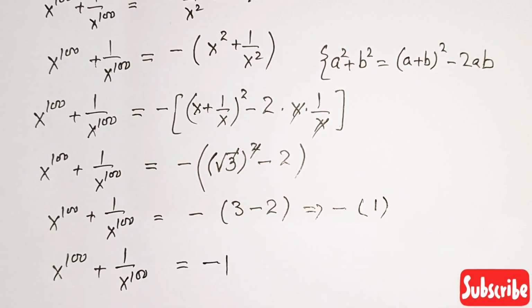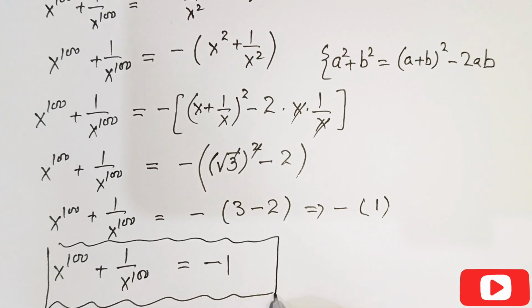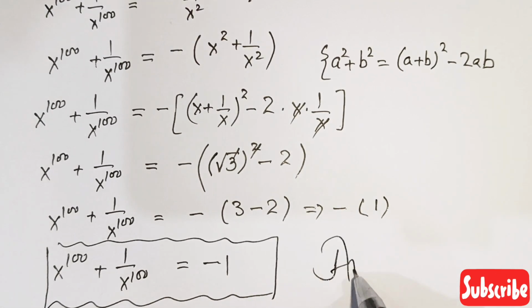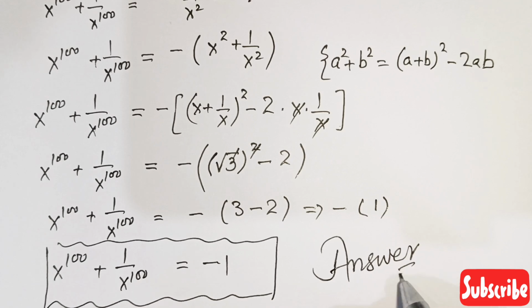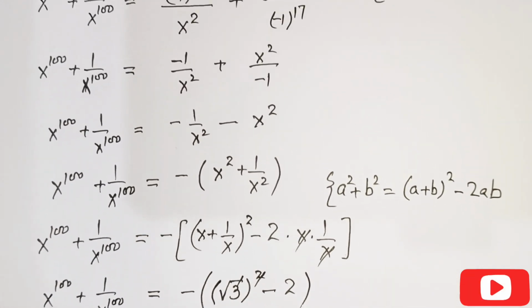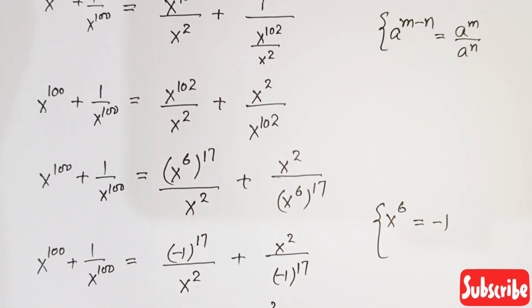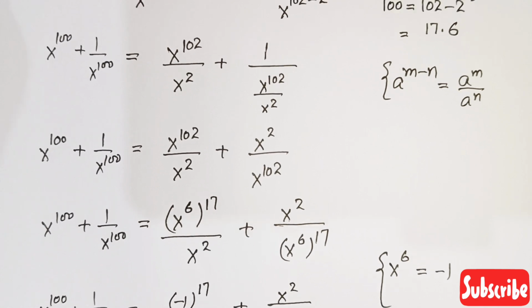So we get minus 1. So the value of x to the power 100 plus 1 over x to the power 100 is equal to minus 1. So it is our final answer, that we have found the value of x to the power 100 plus 1 over x to the power 100, which is equal to minus 1.